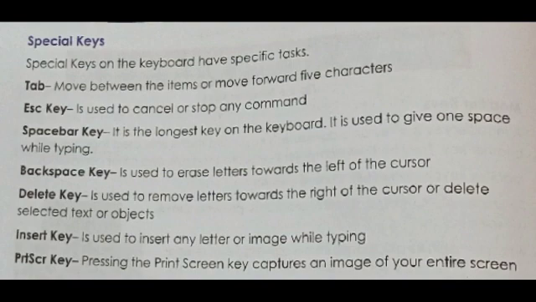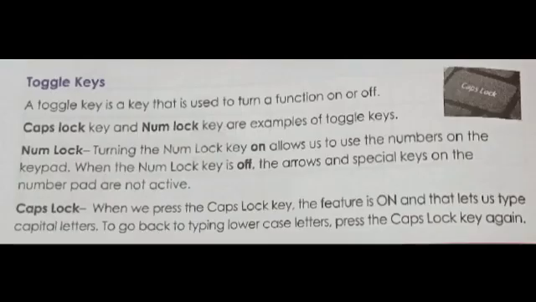Print screen key. Pressing the print screen key captures an image of your entire screen. Toggle keys. A toggle key is a key that is used to turn a function on or off.